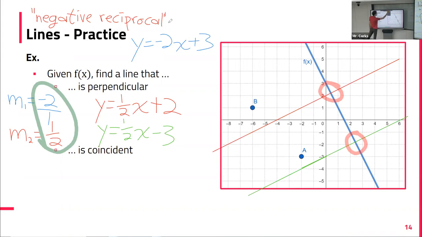Okay, and our last one here. Again, -2x plus 3. Tell me the equation of a line that is coincident to this, but has different numbers. Not these same numbers here, but will still graph to turn into the same line.